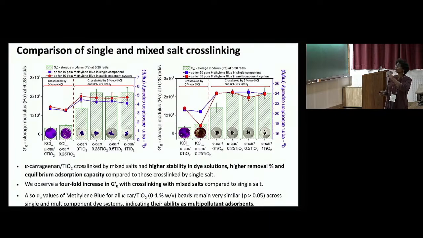If you don't have the two salts together, these beads are going to disintegrate. So if I don't use the calcium chloride to cross-link it, I can't take it out and use it for the dye adsorption.